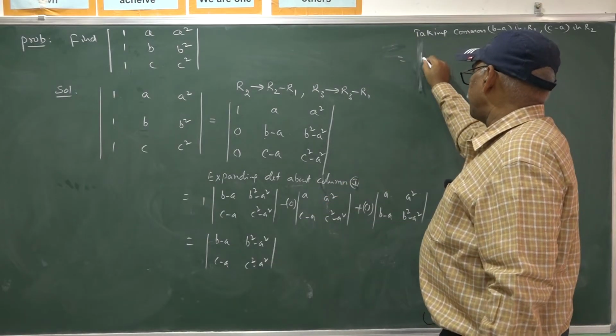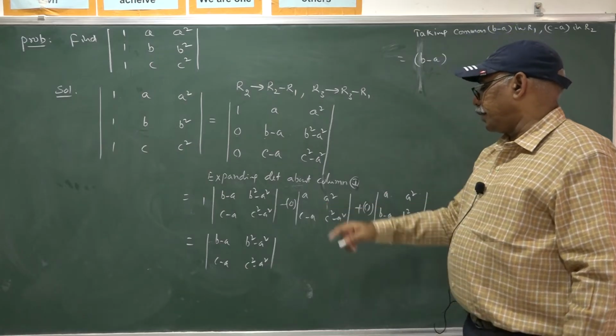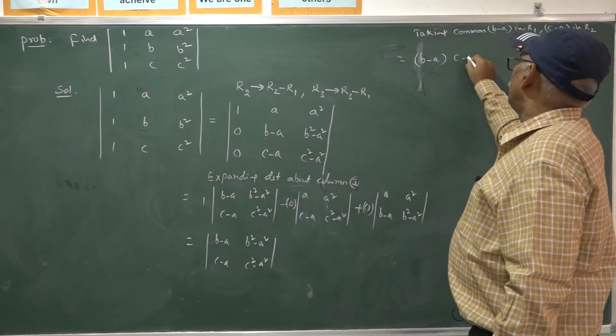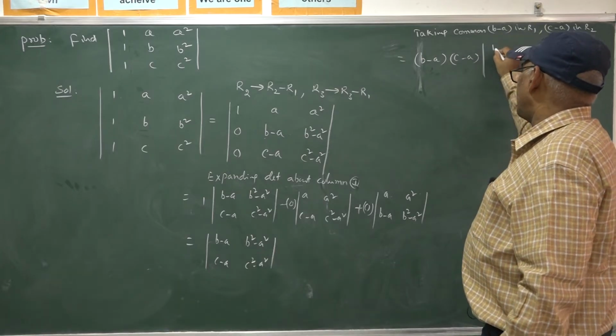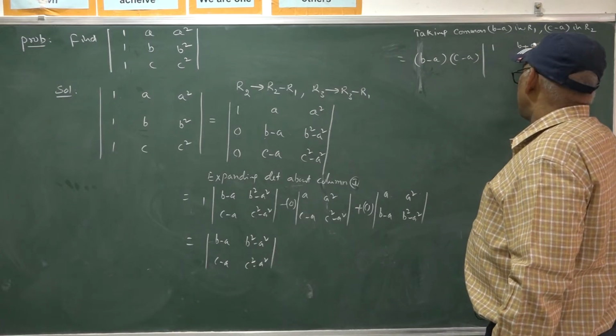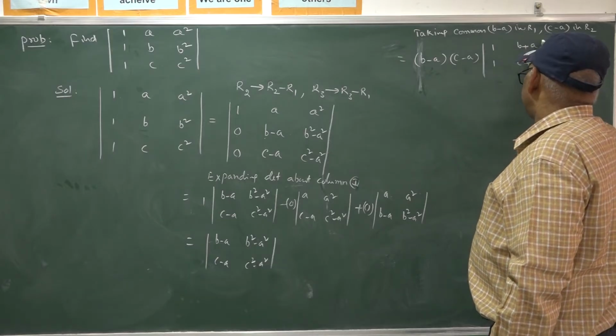Taking B minus A common from the first row, we get B minus A into. Similarly, taking C minus A common from the second row, we get 1, B plus A here and 1, C plus A here.